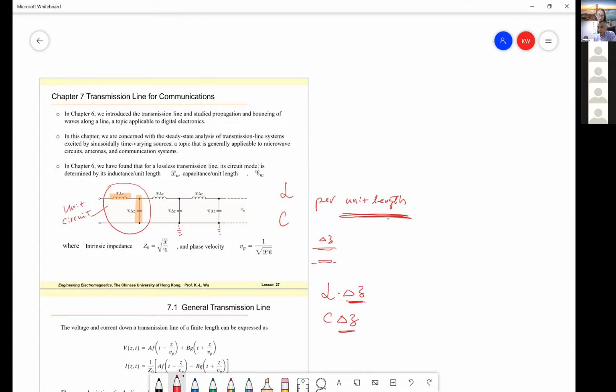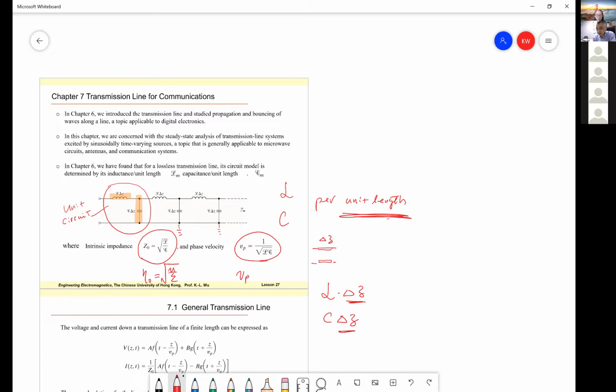We also justified that the characteristic impedance is square root of L over C, and the phase velocity is 1 over square root of LC, right? So this is similar to the plane wave. In the plane wave, we have a characteristic impedance that is square root of mu divided by epsilon, right?